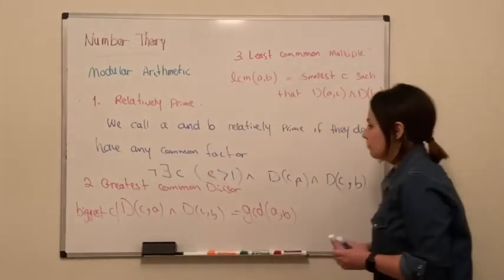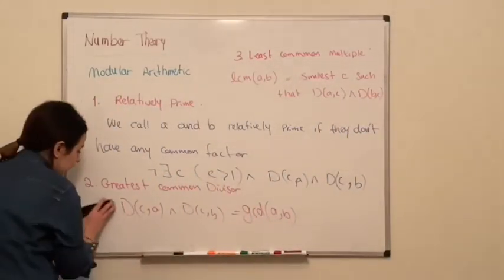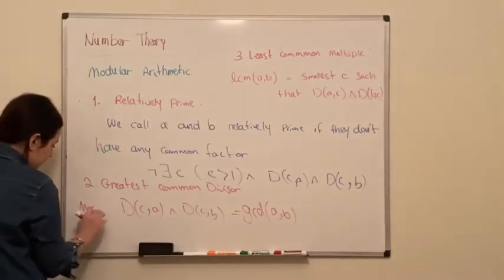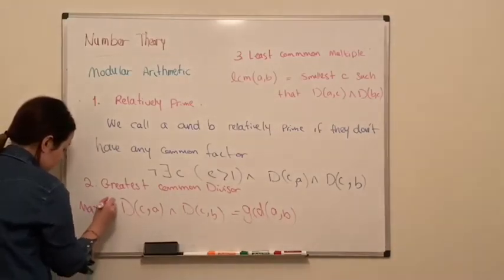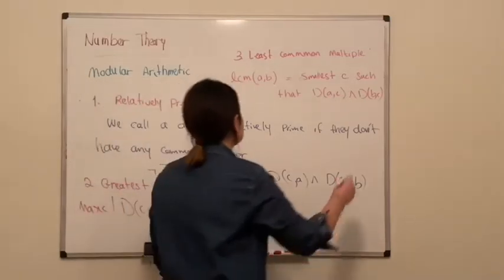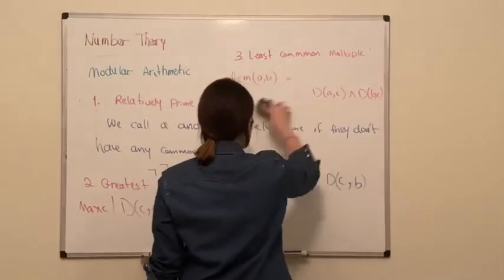Can I write them in a better way? Instead of biggest, I can rewrite that as max c such that c divides a and c divides b, and instead of smallest c, I can say min c.